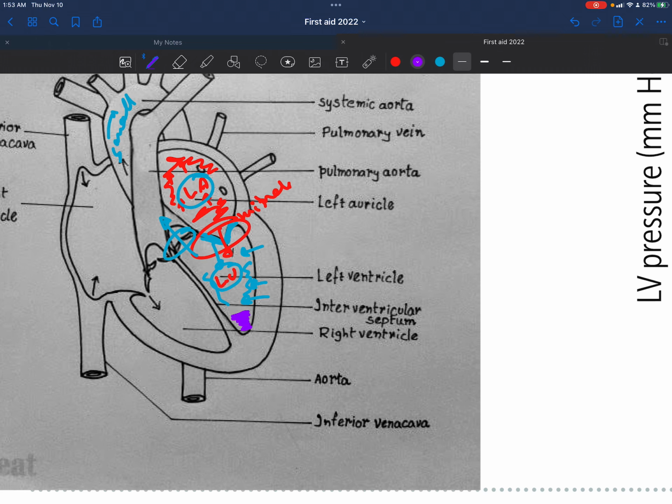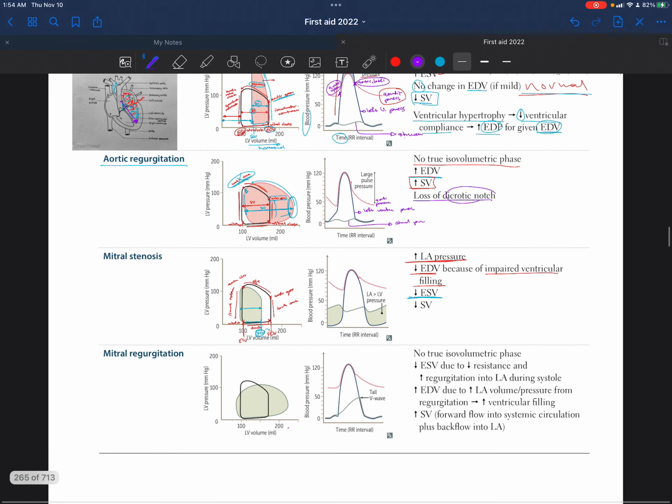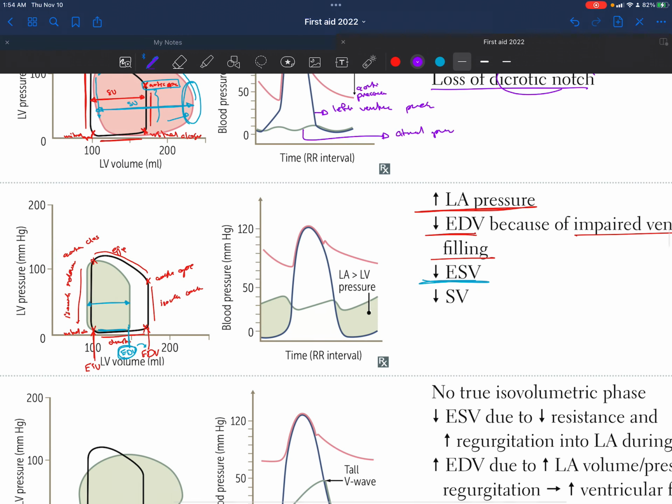The left ventricle already has a small amount of blood, so it needs to push much more of the blood it contains in order to satisfy the body's needs. So that is the end systolic volume, and there's also the decreased end diastolic volume that we talked about when we compare it to the normal stroke volume.